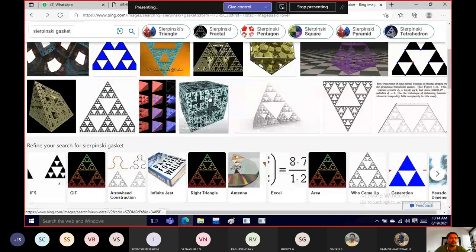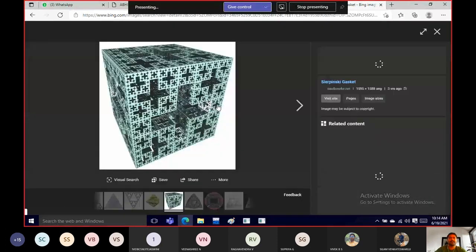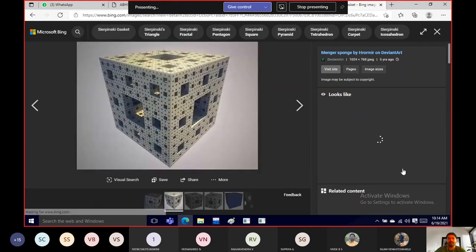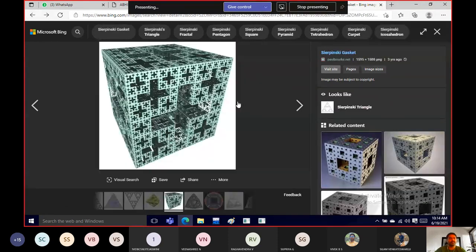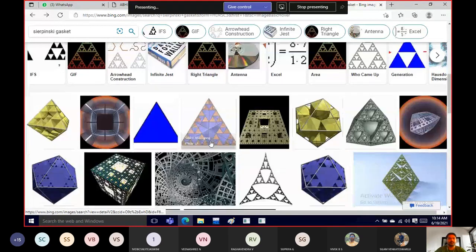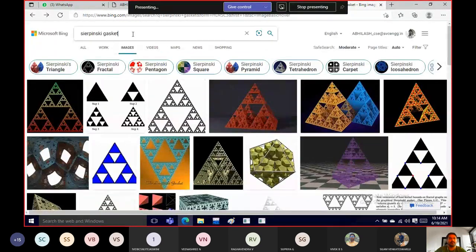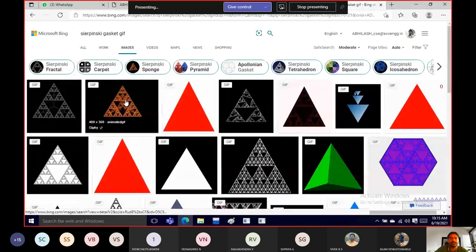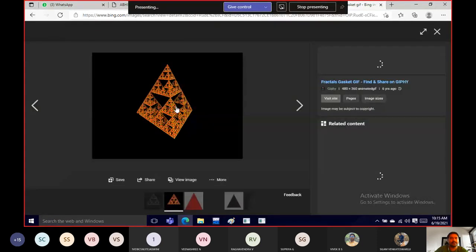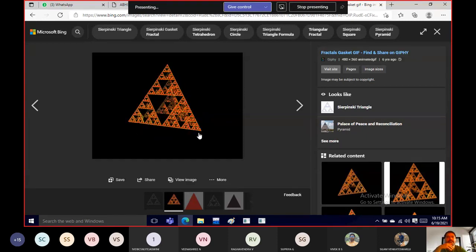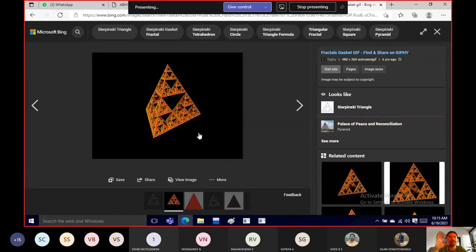So basically, it's not only a gasket. You can also go with cubes, right? But with the triangle form of this, it's pretty basic stuff. A very simple program which we saw, right? So if we look for any GIF, you'll get a few GIFs also showing how the divisions are made. Basically, you can also create a rotation. If you use rotate functions, you can rotate it about a particular axis.